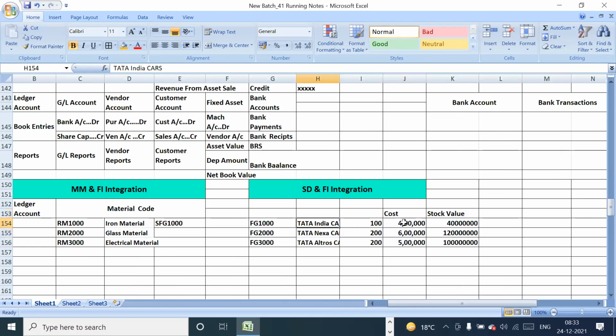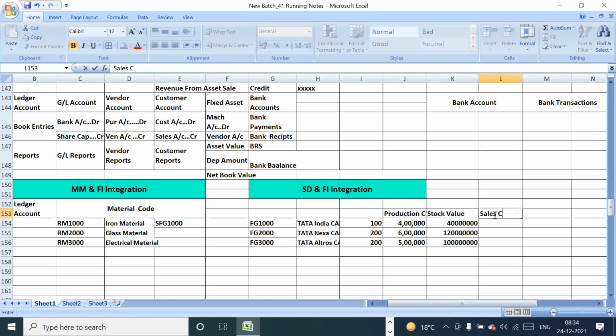Tata Indica, assume 4 lakhs rupees. Are we going to sell to the customer at the same 4 lakhs rupees, or at a higher cost? We have to keep it more than the cost value. This is my production cost or manufacturing cost of the car.